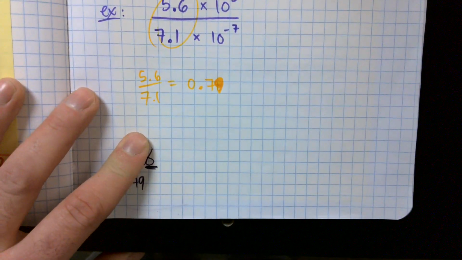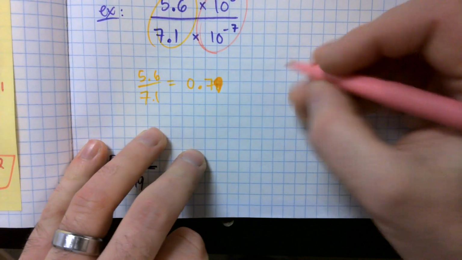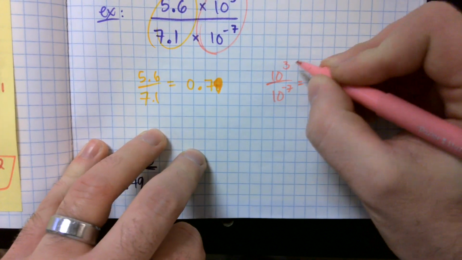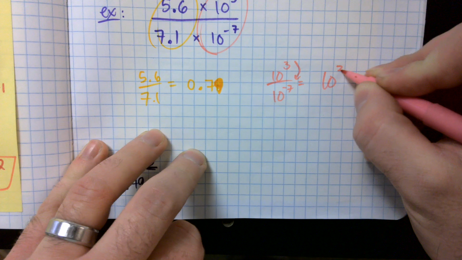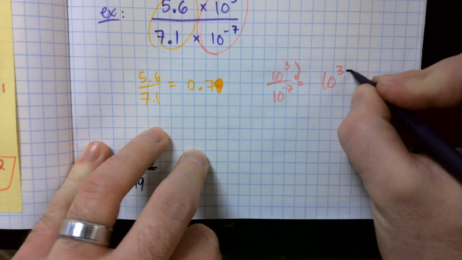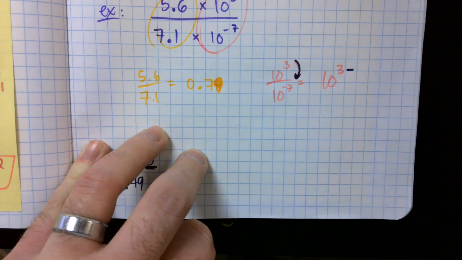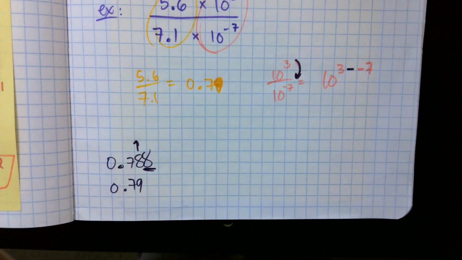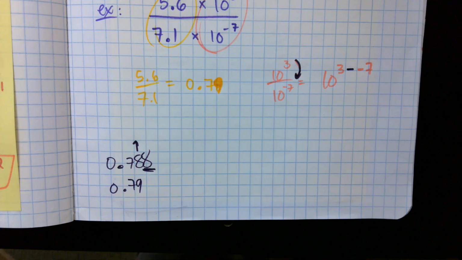Now I'm going to take my powers of 10, and this is where I saw a lot of people make the mistake that I knew we were going to make, which is why I wanted to talk about it. If I subtract downward, it's 3 minus -7. So do not fall victim to that double negative trap.